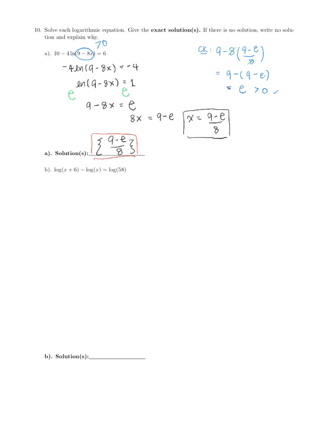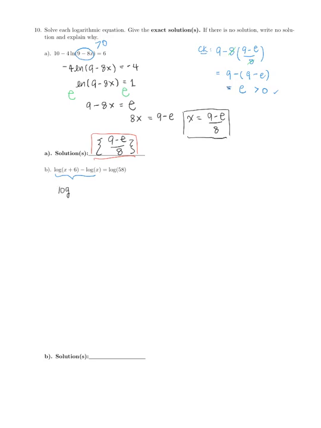Okay, so now let's go with part B. Log of x plus 6 minus log of x equals log of 58. Again, log of 58 is a numerical value, so treat it as a constant. So first, we need to shrink this up. We need to combine that into one log. So the property of the log says what?